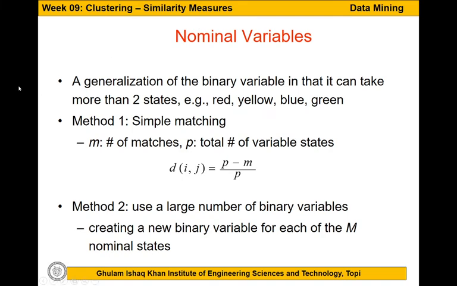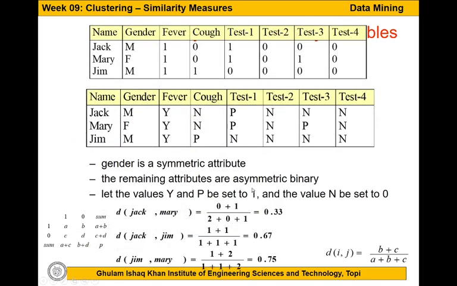This is method 1, and in method 2 you can convert the whole of your data into a large number of binary variables, and then you can simply go for this formula. Now how will you do that? Let me try to show it to you.